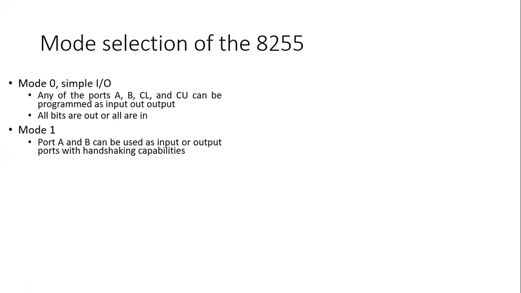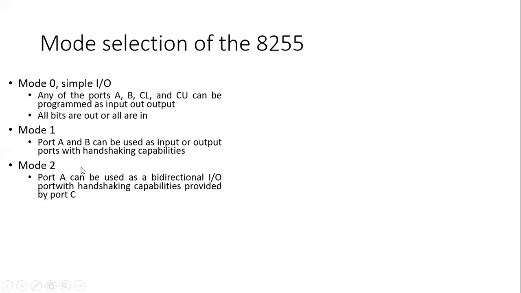Whether the printer is empty, whether it can receive the signal, the printer can say, yes, I am ready to receive. Can I send the data? Yes, you can send the data. Like this, handshaking capabilities are there with 8255, and that can be achieved by using mode 1.